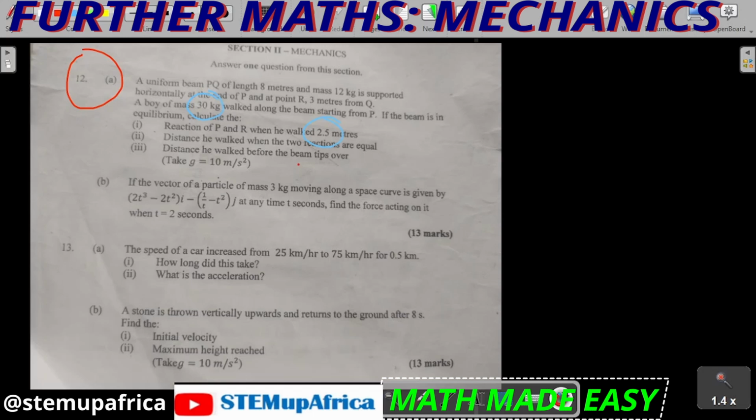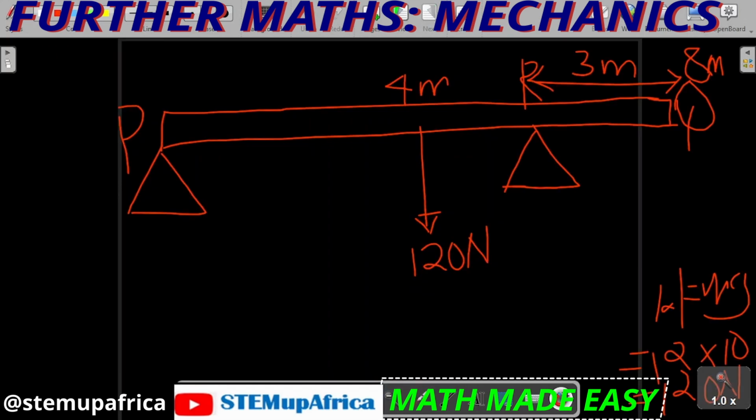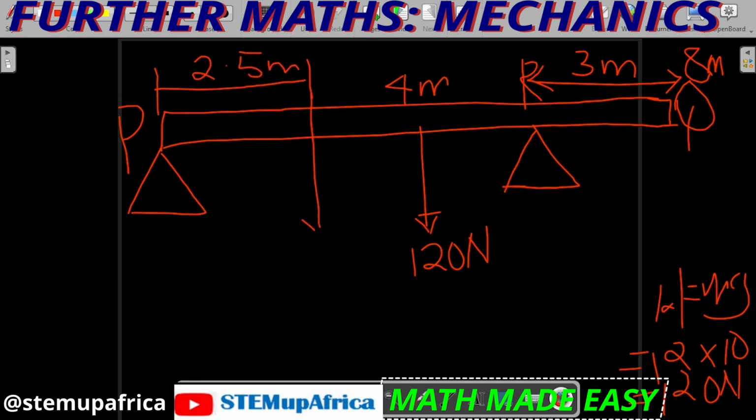So let's illustrate that in the diagram. So the boy walked 2.5 meters. Let's take from here to here as my 2.5 meters. The weight now will be 300 Newton.